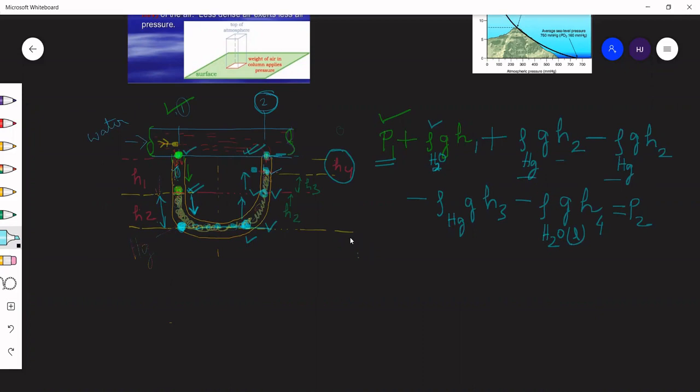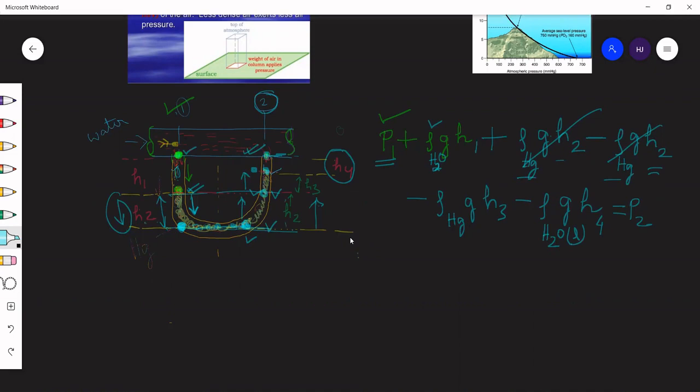Now, you see something can be cancelled. This and this are the same. This part is when I'm going downwards, and this part is when I'm going upward in this section. These are mercury, these are mercury. Same fluid, you're going down by the same amount H2, you're going up by the same distance H2.